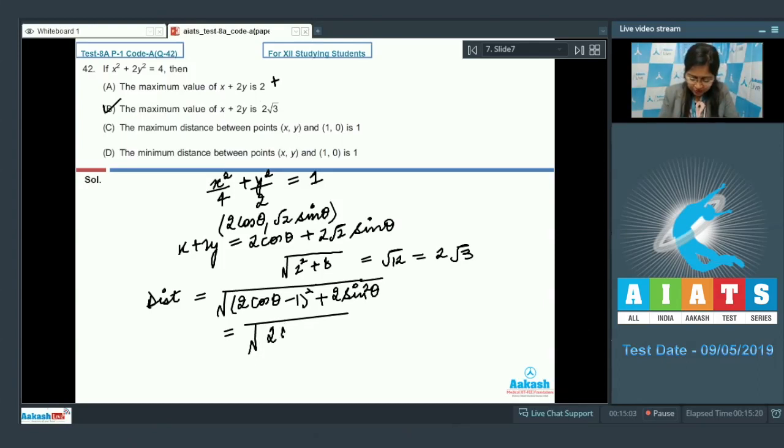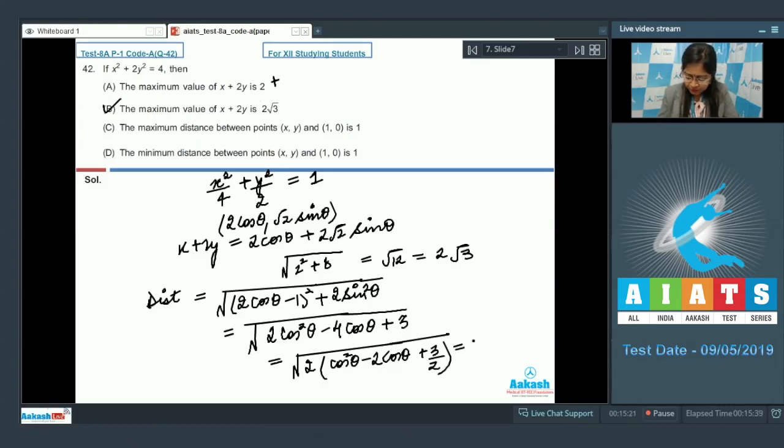So we are left with 2 cos square theta minus 4 cos theta plus 2 plus 1, that is plus 3. So this is equal to under root of, taking 2 common, cos square theta minus 2 cos theta plus 3 by 2.